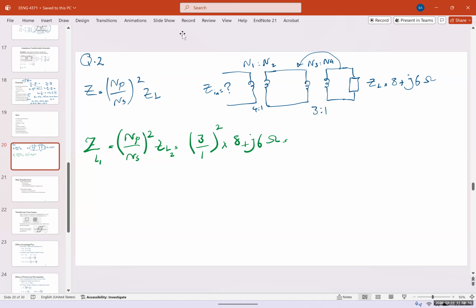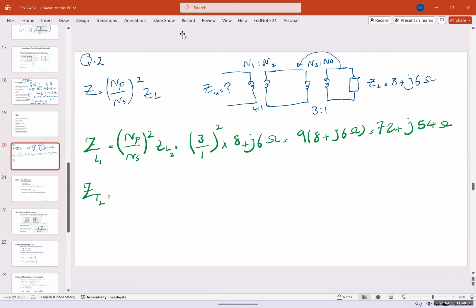So it's going to be 9 times 8, plus J6 ohms, which gives us 72 plus J54 ohms. Now, this is going to be ZT2 of my primary side.